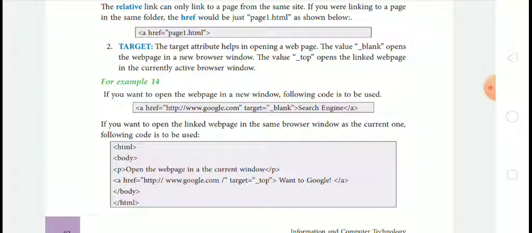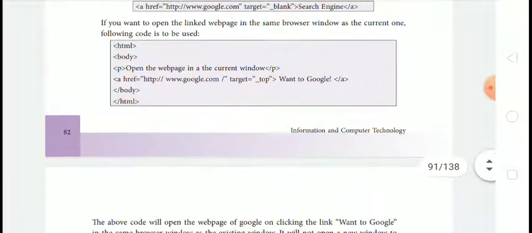If you want to open the linked web page in the same browser window as the current one, the following code is to be used. Say the code: HTML, body, then the p tag, that is the paragraph tag, open the web page in the current window.